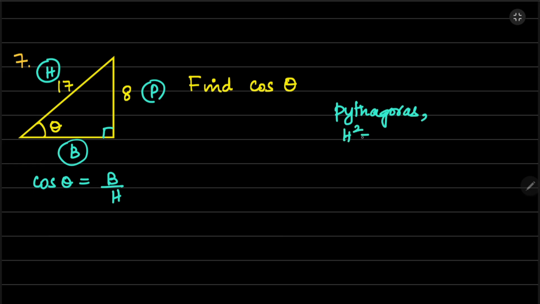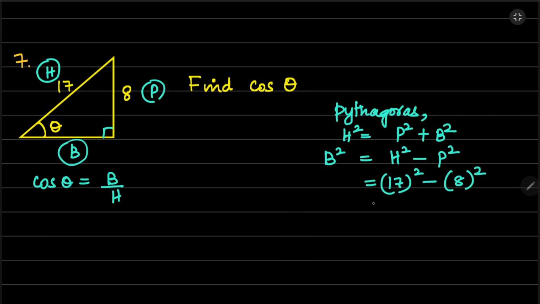H square equal to P square plus B square. Okay, we know P and H. So B square is nothing but H square minus P square. What is H square? 17 the whole square minus P square, which is 8 square. What is 17 square? It is 289 minus 8 square, which is 64.